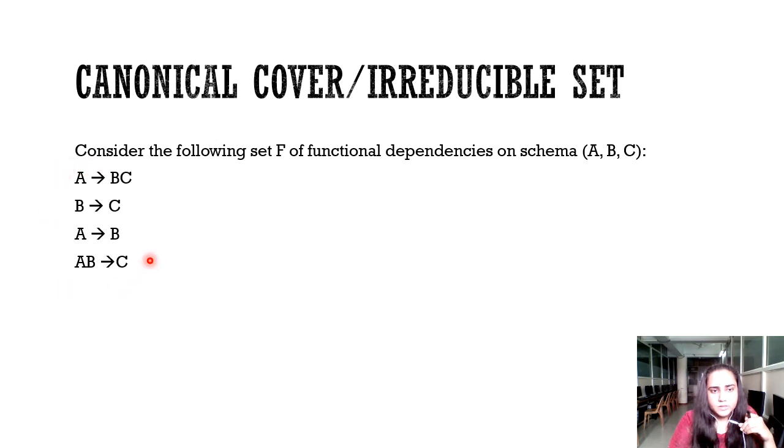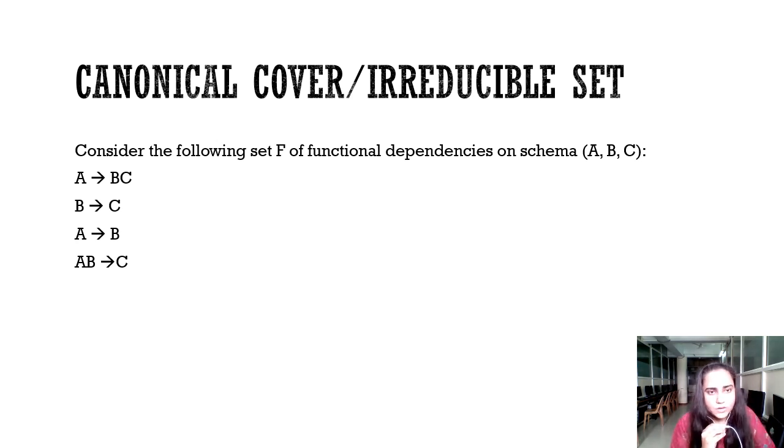So these are the dependencies given, and your table contains 3 columns A, B, and C. The dependencies are A determines BC, B determines C, A determines B, and AB determines C. So we're just going to try to reduce them one by one. In order to be able to do that, the first step is to decompose whatever you can. Whatever you can decompose, you are going to try to decompose first, and then you will do the rest of the things.